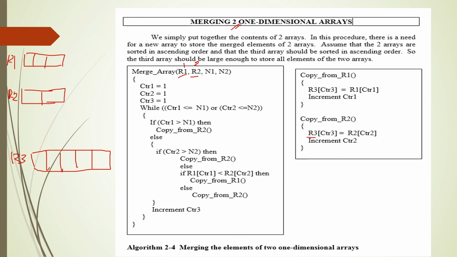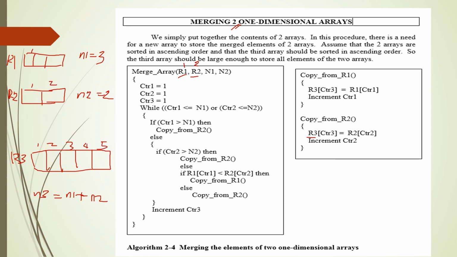So, N1 is 3, N2 is 2. Okay? Size niya is 2, size niya is 3. Okay? So, for our N3, the size of it is N1 plus N2. Kaya, 5 yung elements niyan. Okay?